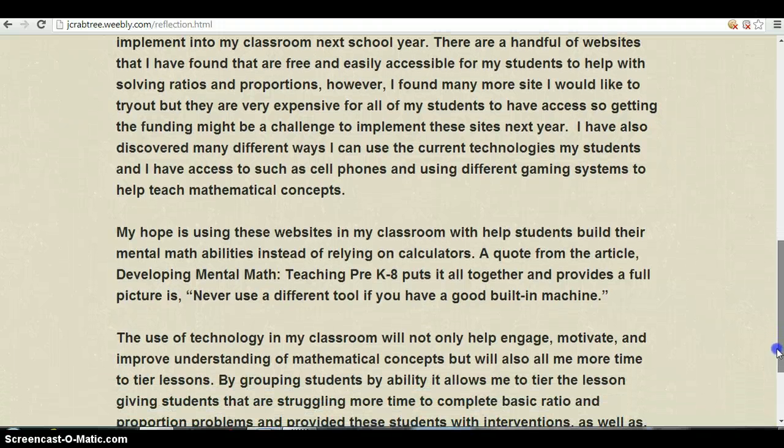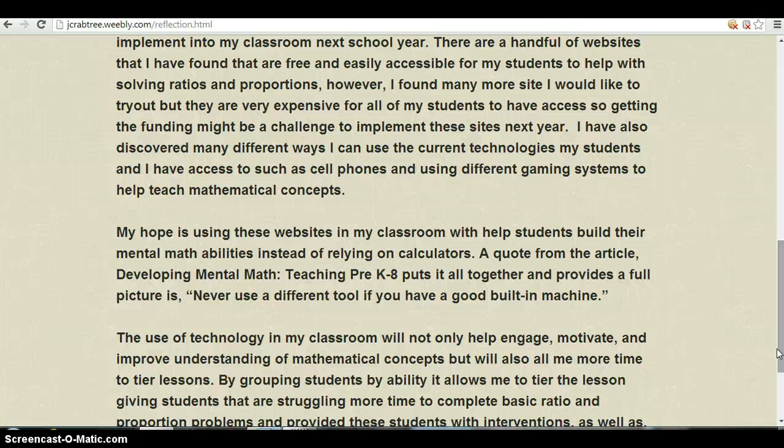Something that was really cool for me while I was going through this research, I found different ways that I would be able to use current technologies that I myself already possess or my students have. And those would be things like cell phones or different gaming systems to help teach mathematical concepts.